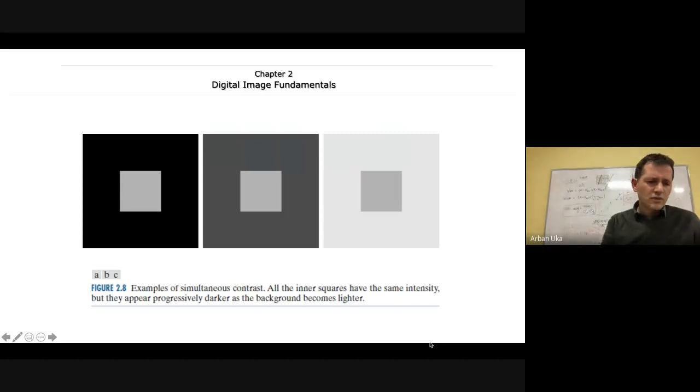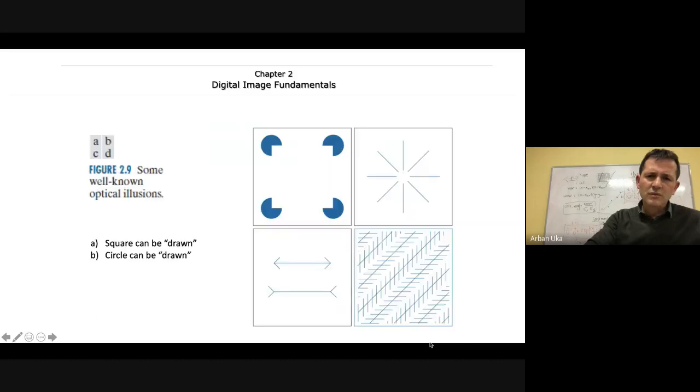Now here we have also some other examples of simultaneous contrast. The inner squares have the same contrast or the same intensity, but they appear progressively darker because human perception automatically calculates a contrast with respect to the background.